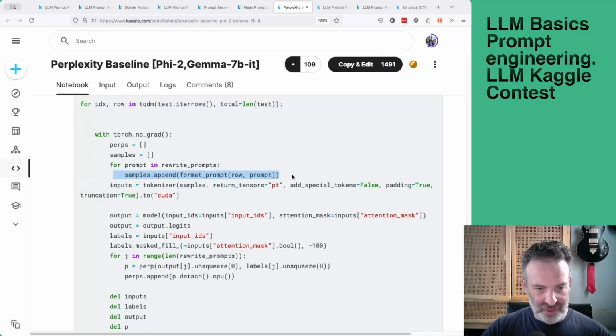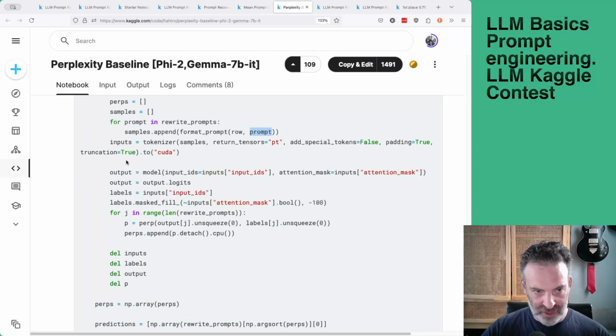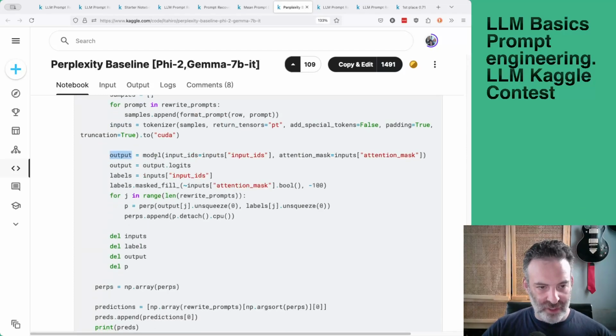So samples append. We're just rewriting the prompt with the row from the data frame and with the prompt. Then tokenizing the samples, returning them as tensors. So this is the inputs.